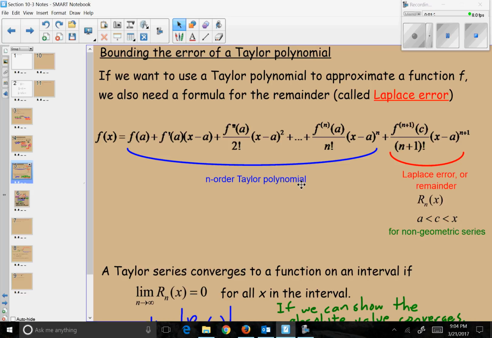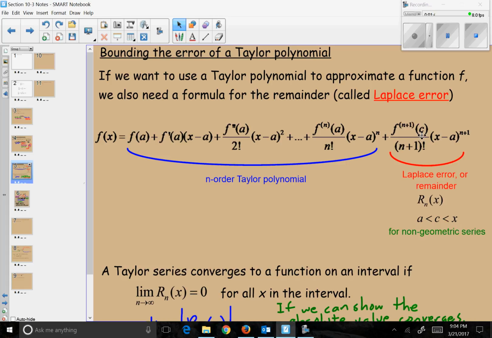The remainder would be, what if I wrote one more term for this Taylor polynomial? So if I had an n order, the n plus first term is our error. So that's either, you can call it the Laplace error or you can call it the remainder.